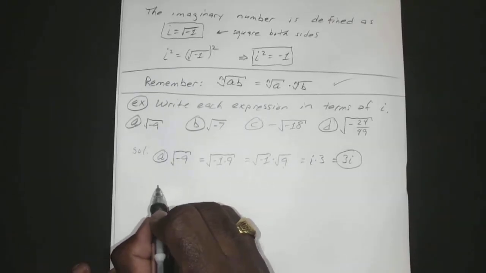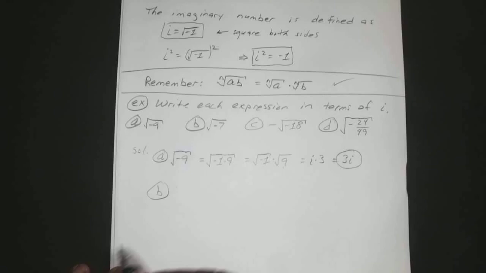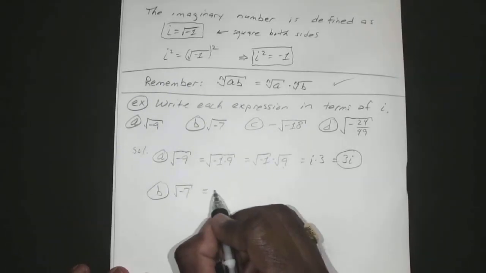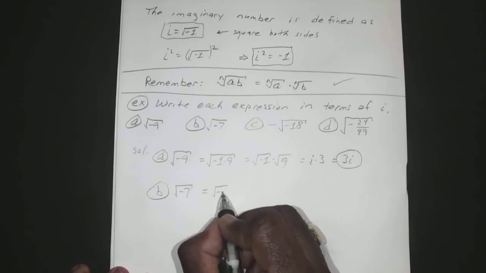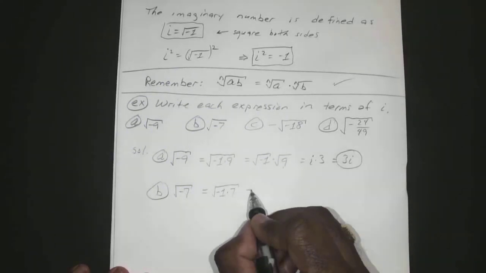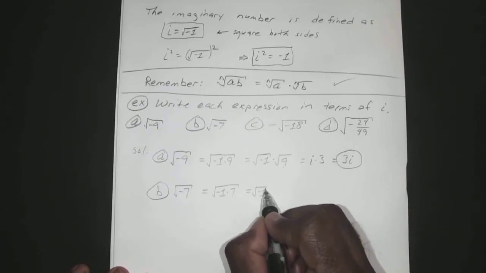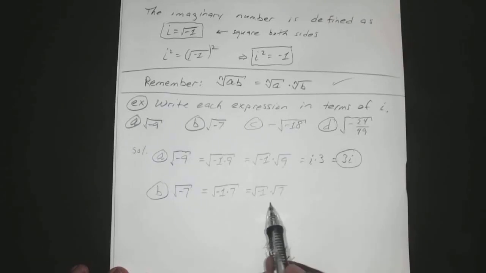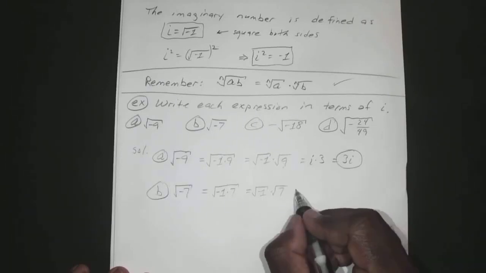Okay, so same thing with B. If you have the square root of -7, you can make that the square root of -1 times 7, which is just the square root of -1 times the square root of 7. The square root of 7 you can't simplify anymore, so that stays the same. The square root of -1 is i.